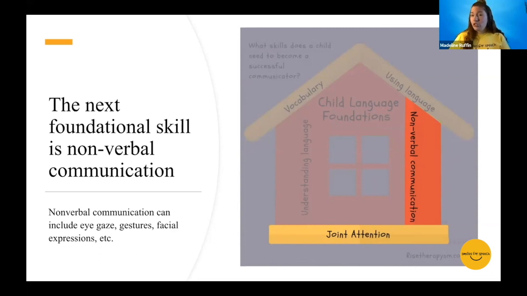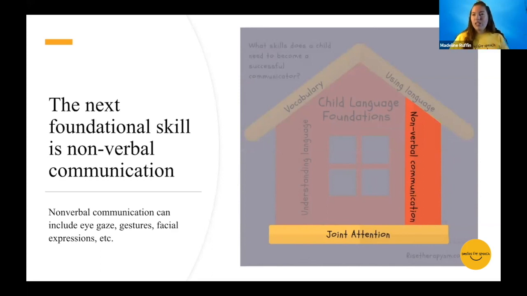But some children can just use gestures that aren't associated with that formal language. They can use that eye gaze that we've been talking about. They can use facial expressions to tell us that they're happy or sad. These are all pieces that help them communicate with us without speaking words.